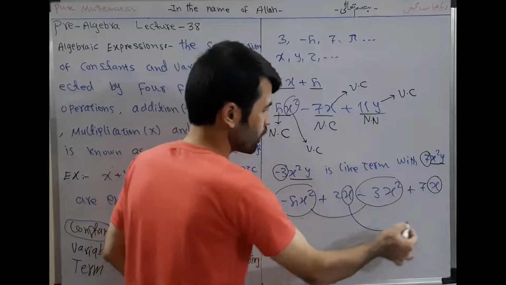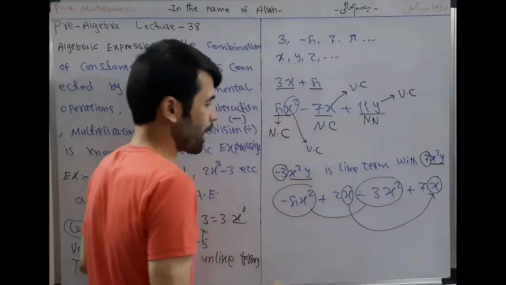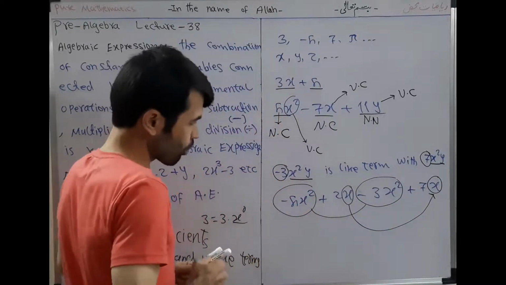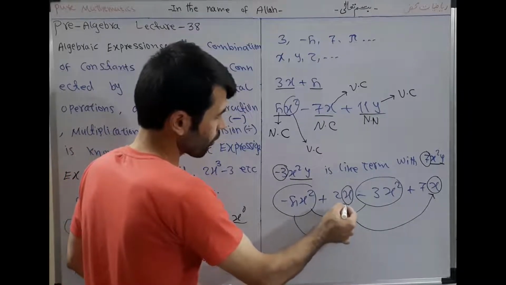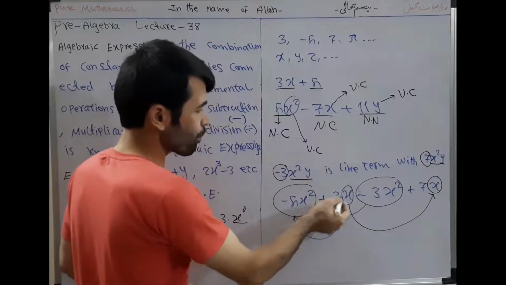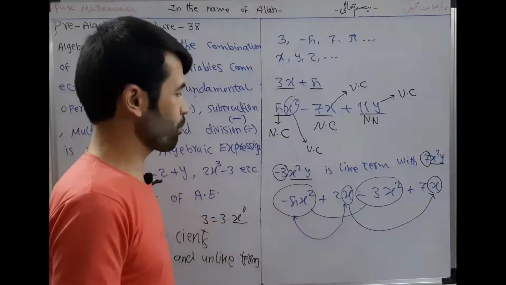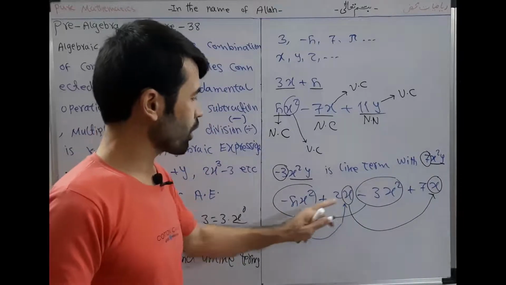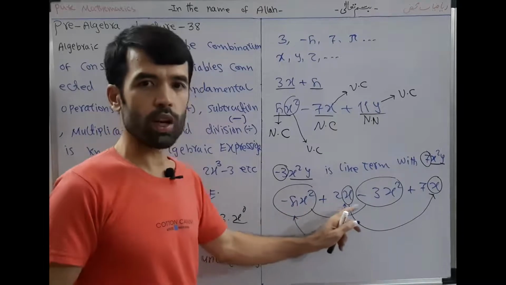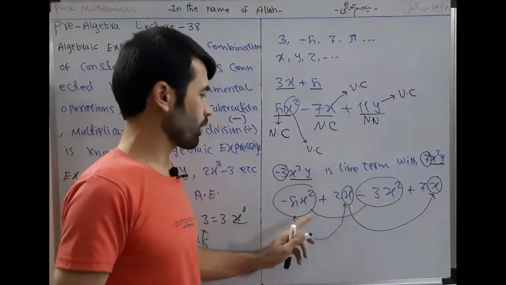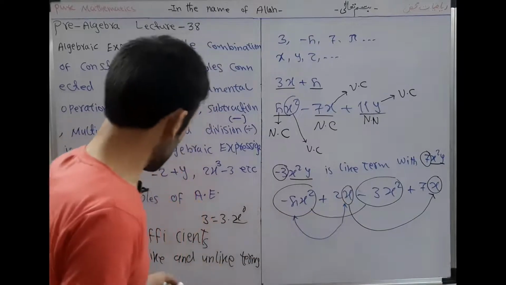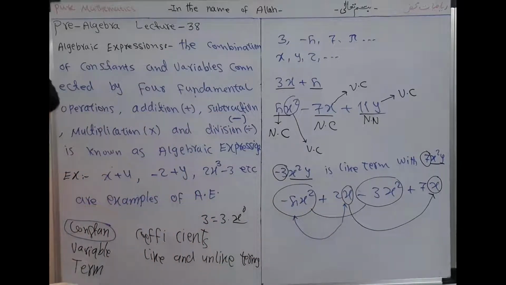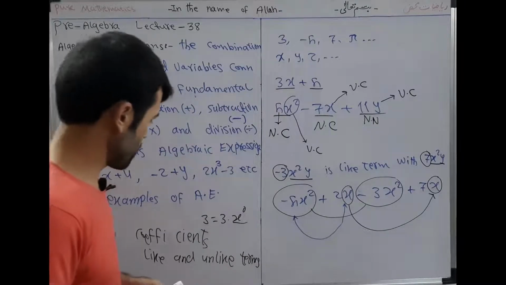They are like terms. But minus 5x square with plus 2x is an unlike term, because their variables are different. Here we have x square, here we have x. So they are different, therefore they are unlike terms. These were the concepts which we already explained.